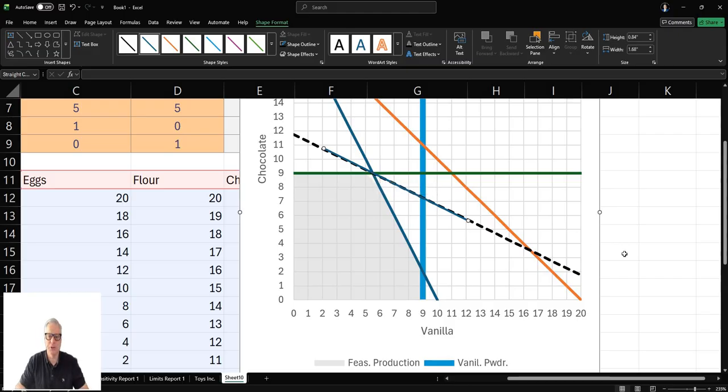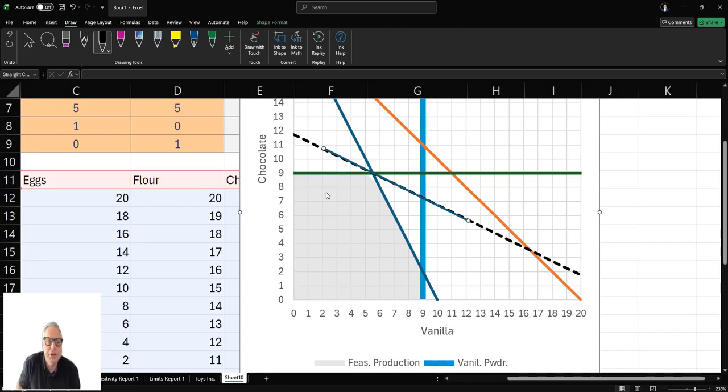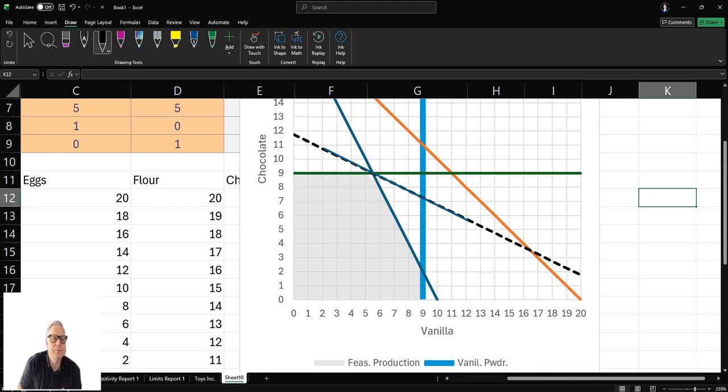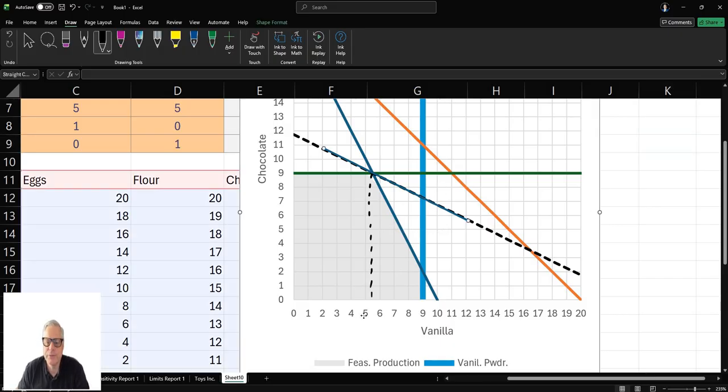So if you see it here, it should be pretty clear that the isoprofit line will generate a solution which is here at 5.5. So what we can do is, we know that we get the optimum if we shift the isoprofit line as far out to the right as possible.